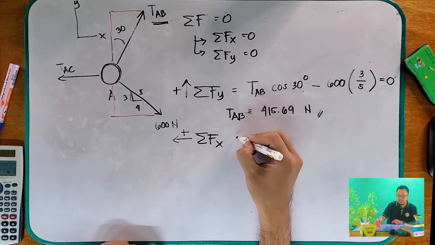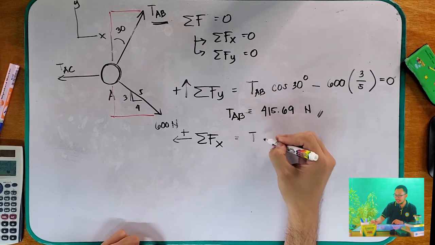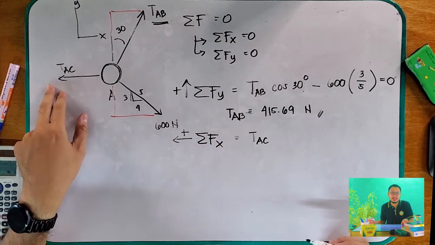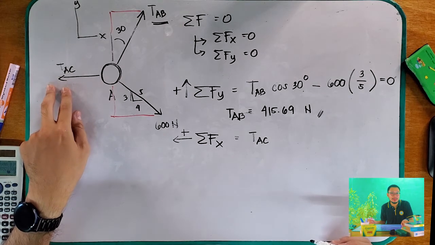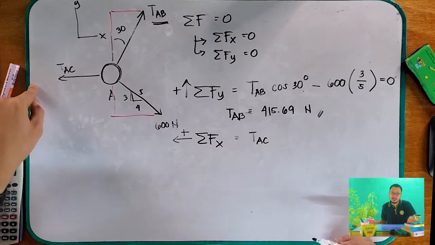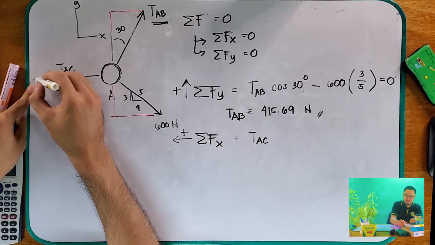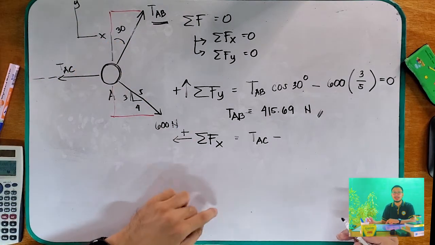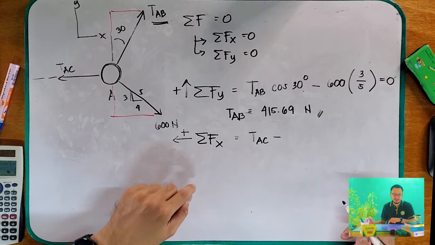Equals TAC. And take note that our TAC has no cosine or sine because this is directed along our x-axis, parallel to our x-axis. Okay? So we have no sine or cosine. And then, along with TAB, minus, we account for all the forces along the x.